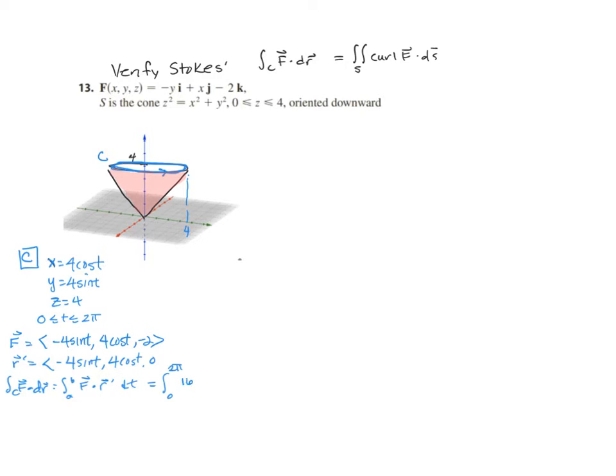That's 16 plus 0 dt, and so that's 32 pi if I integrate that. Okay, so that is directly for the curve oriented this way in the positive direction.